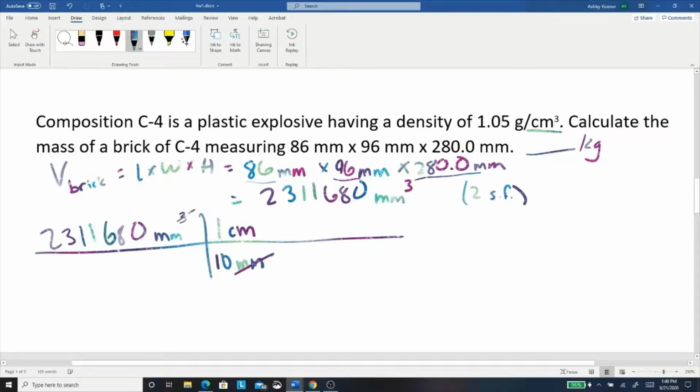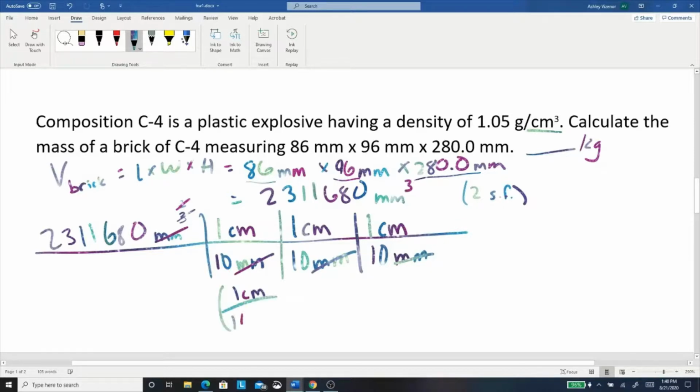That would bring this down to millimeters squared. So I need to do this another time. 1 centimeter per 10 millimeters. That gets rid of the squared. And then one more time to get rid of all the millimeters and be left with cubic centimeters. Okay, so you could also do it where you write 1 centimeter over 10 millimeters.